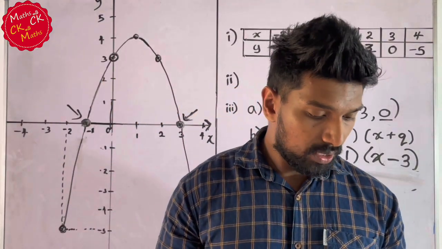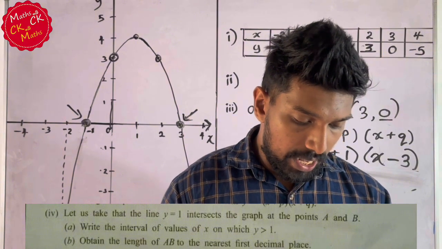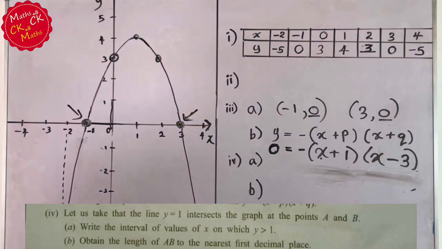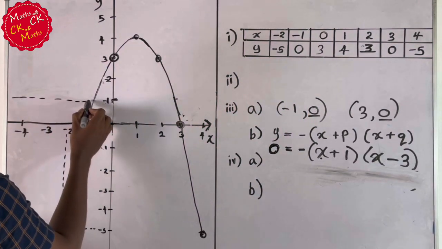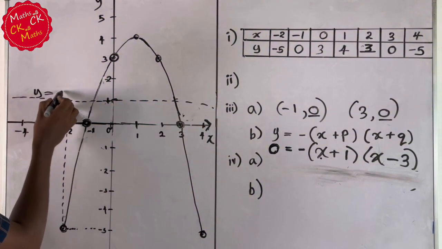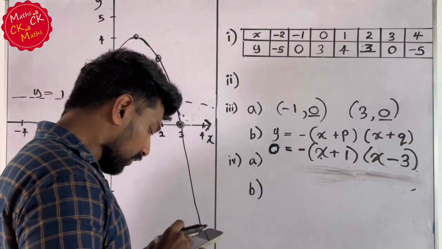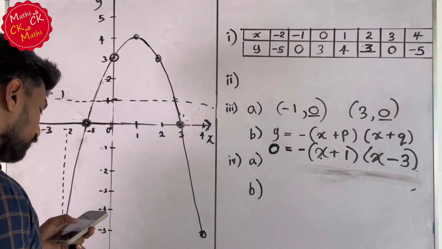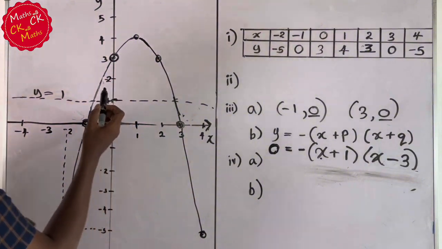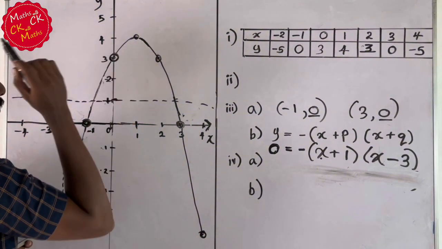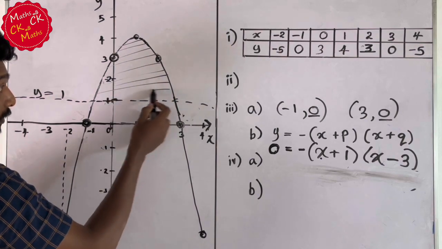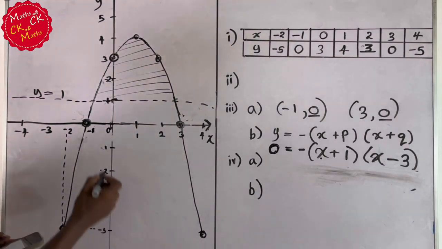Question number 4: write the interval of values of x on which y is greater than 1. Y is greater than 1, so y equals 1 like this. The values greater than 1 are 2, 3, 4. This is the area you have to express as an x range.